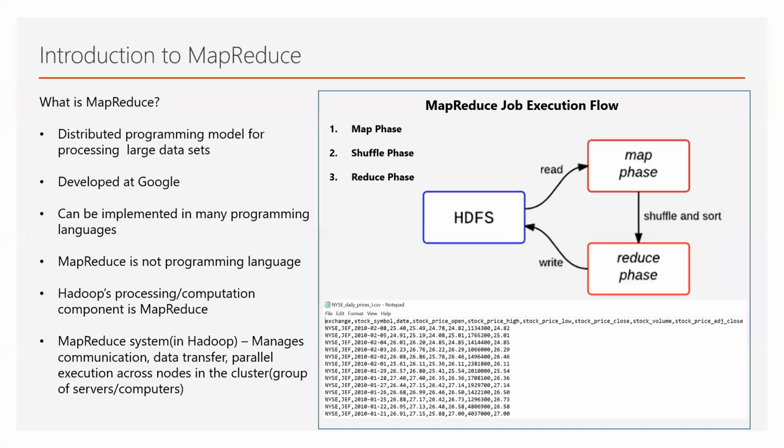The MapReduce framework is a programming model. Basically, it's not a programming language, it's a kind of programming model for how your data can be efficiently processed, so that you can make use of distributed computing and parallel processing.